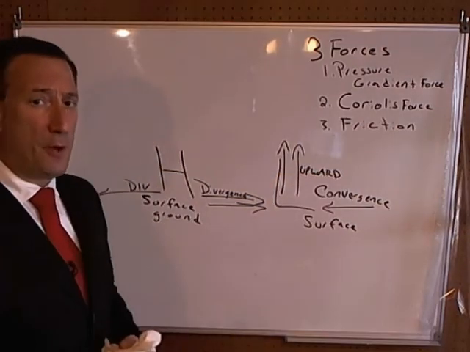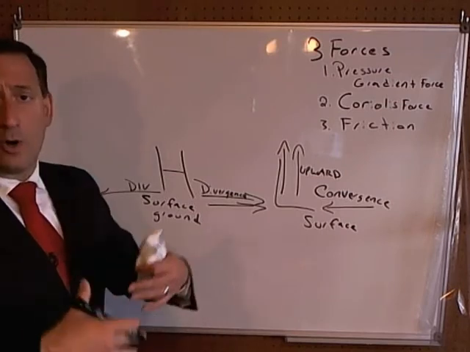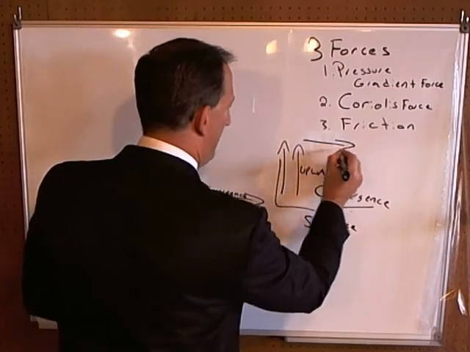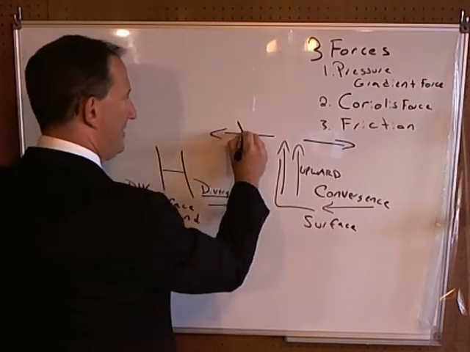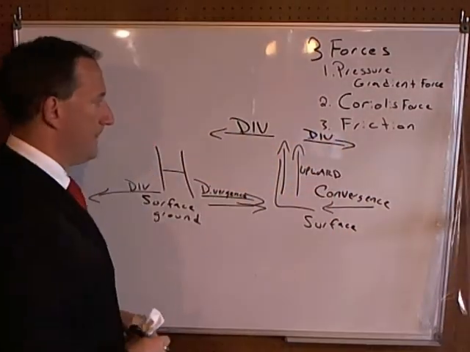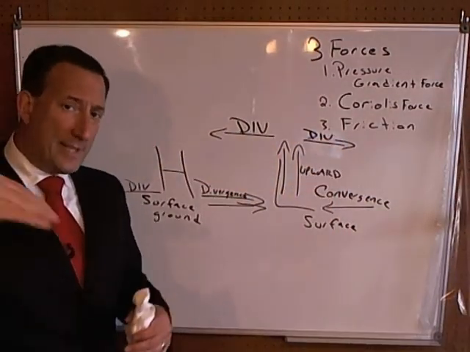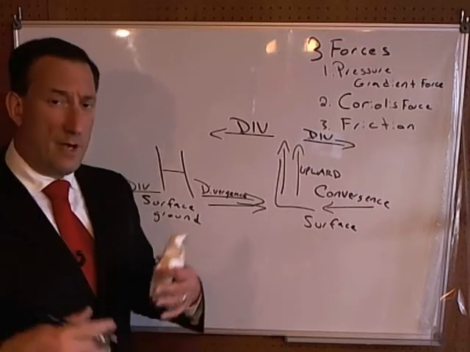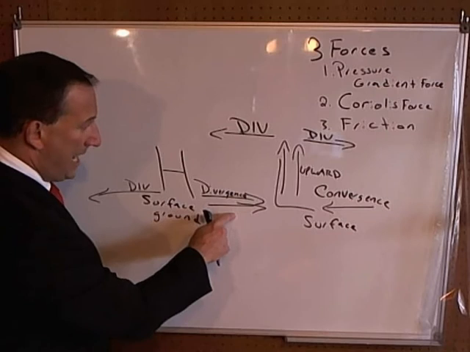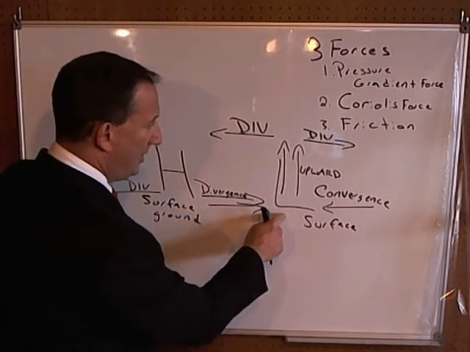Now on the top of low pressure, aloft or 30,000 feet, you're going to have air going outward. So this is divergence here. Now everything flows in and out of some object. So what's happening here? Diverging air at the surface with high pressure, converging air into low pressure.